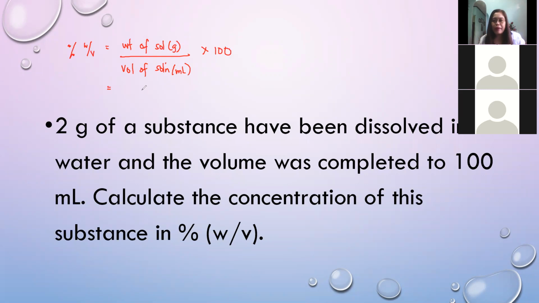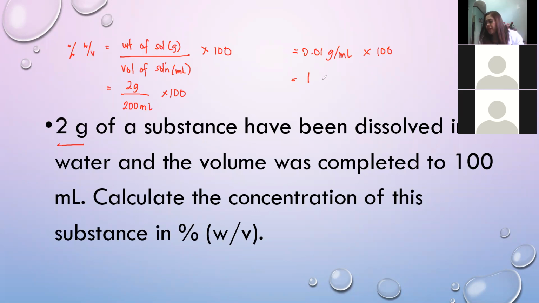So looking at the problem, the solute here is this one, 2 grams. Ayan, divided by the volume. It is completed to 200 ml times 100. So dito na lang tayo. 2 divided by 200, it's 0.01 grams per ml times 100 class. This is 1.